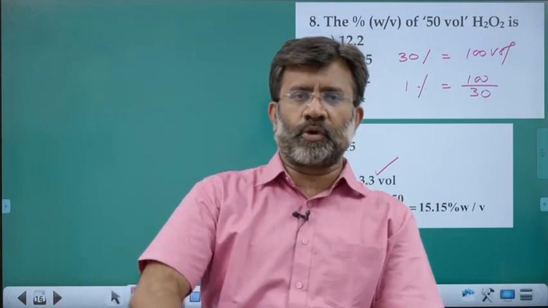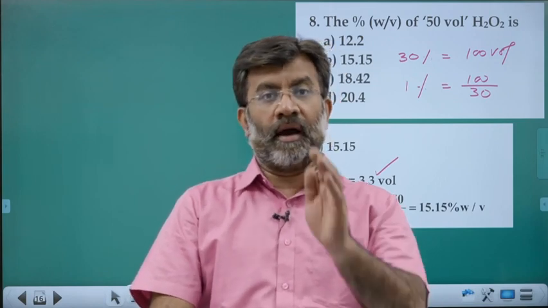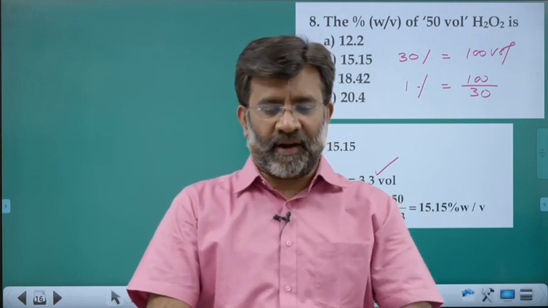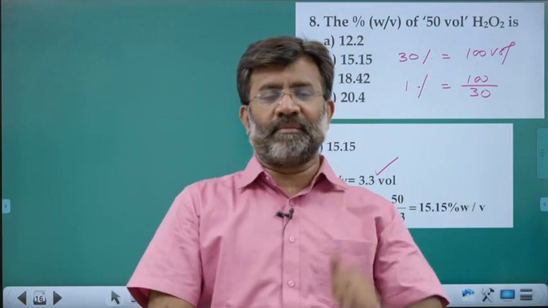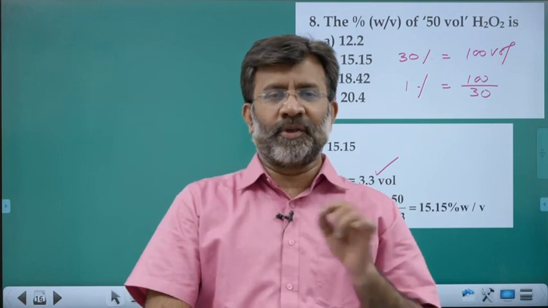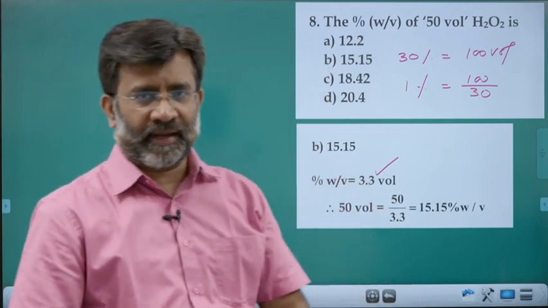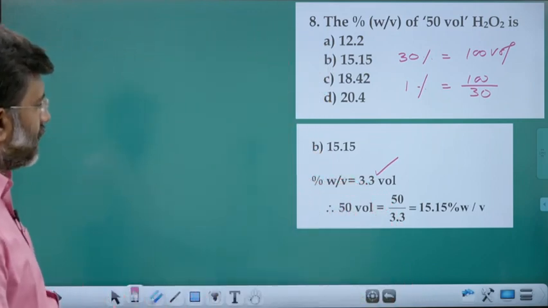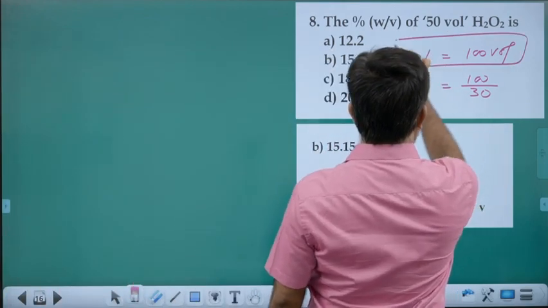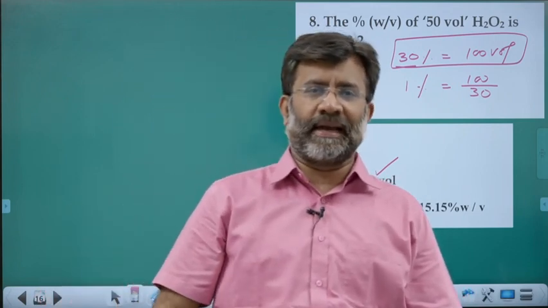When 1 ml H2O2 decomposes, 100 ml oxygen is liberated at STP, and that's how it is called 100 volume. 50 volume means when 1 ml decomposes, you get 50 ml oxygen at STP. 20 volume means when 1 ml H2O2 decomposes, you get 20 ml oxygen liberated at STP. That is the volume strength, and volume strength related to percentage strength is directly referred to in the textbook: 100 volume is marketed as 30%, or 30% is marketed as 100 volume.